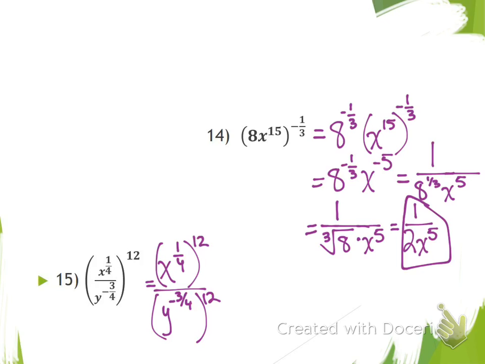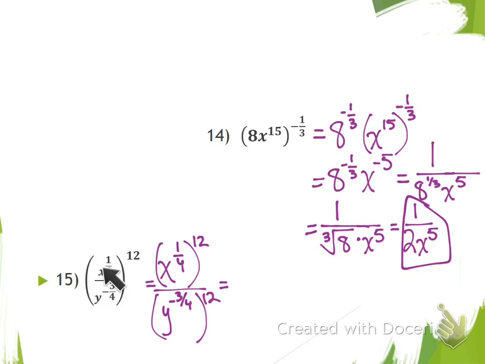We give that exponent to the top and the bottom. Now, in both the top and bottom, we have a power to a power. If we have a power to a power, we do what? Power to a power, we multiply.